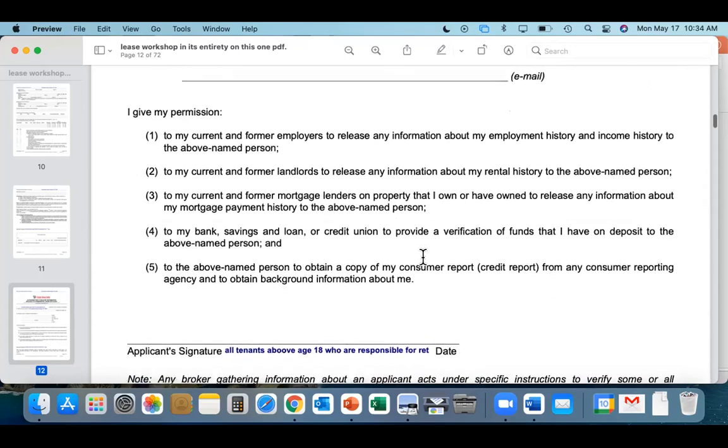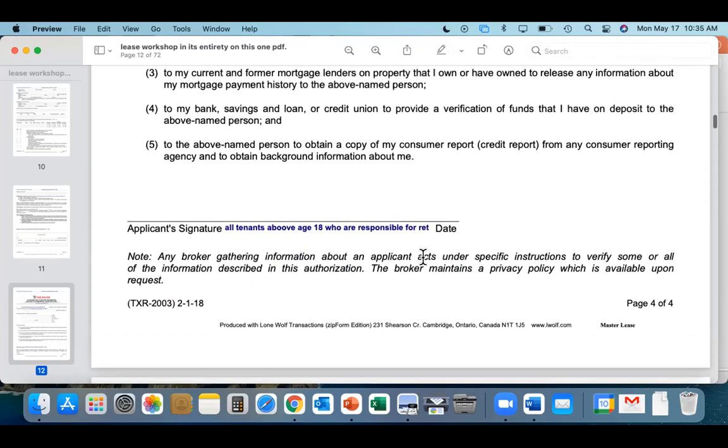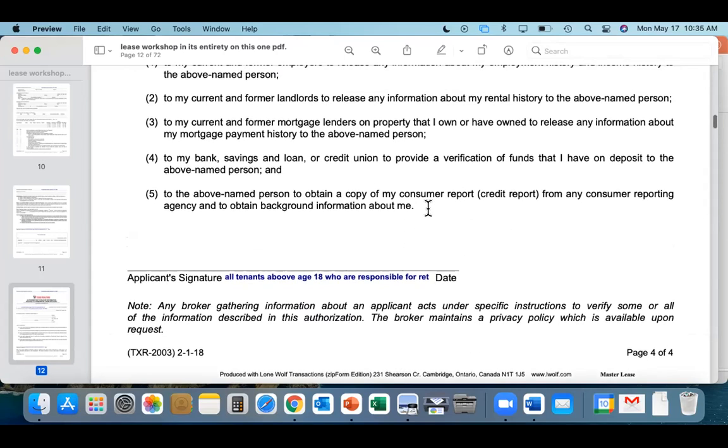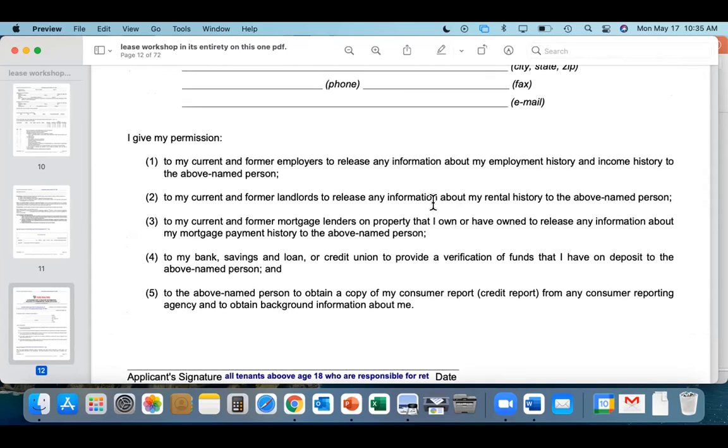You want this filled out also in the event that the landlord is trying to call their employer to verify, and the employer says, well, I need something in writing that Joe Smith is okay with this. There's a lot of people that don't want to give out information. So by having your tenant sign this, it gives the green light for the process to go faster, for them to get the approvals and the verifications that need to be done.